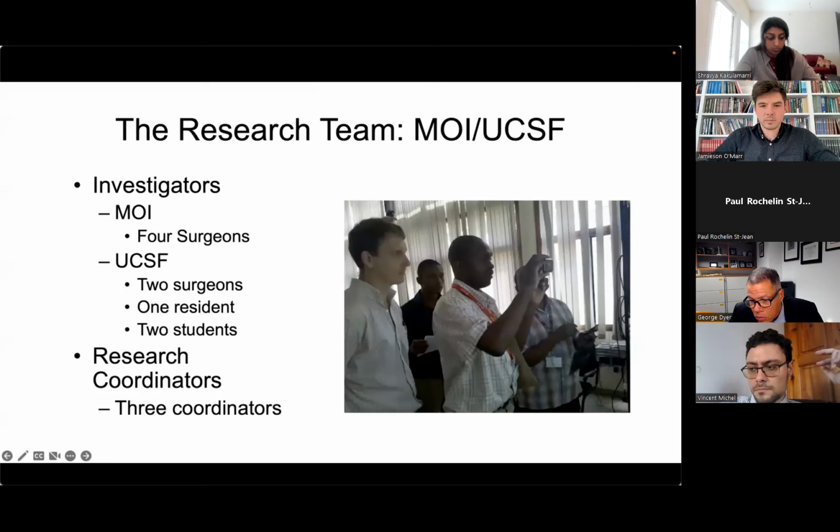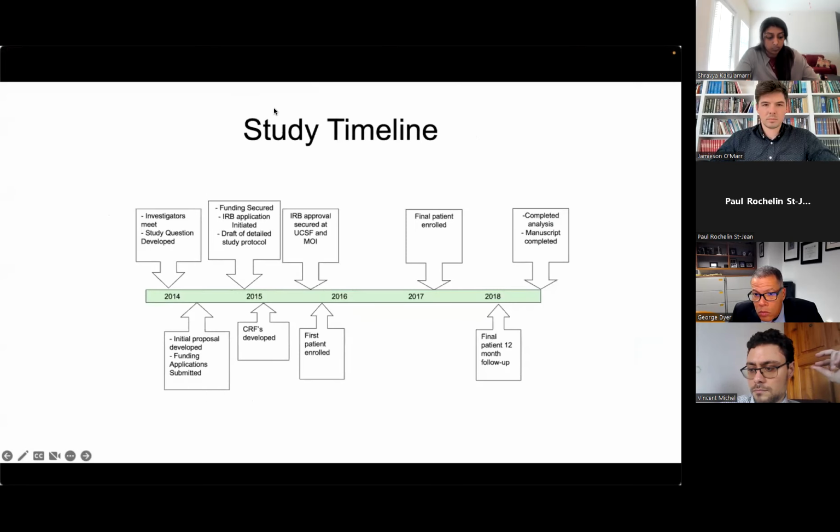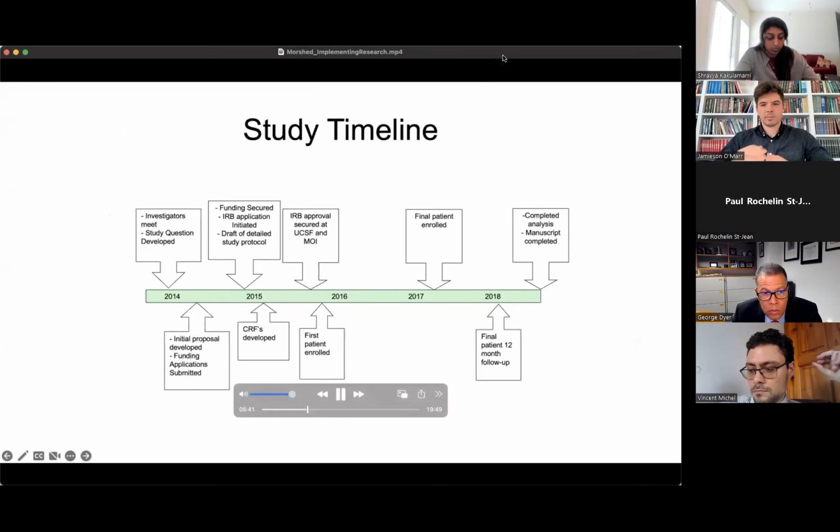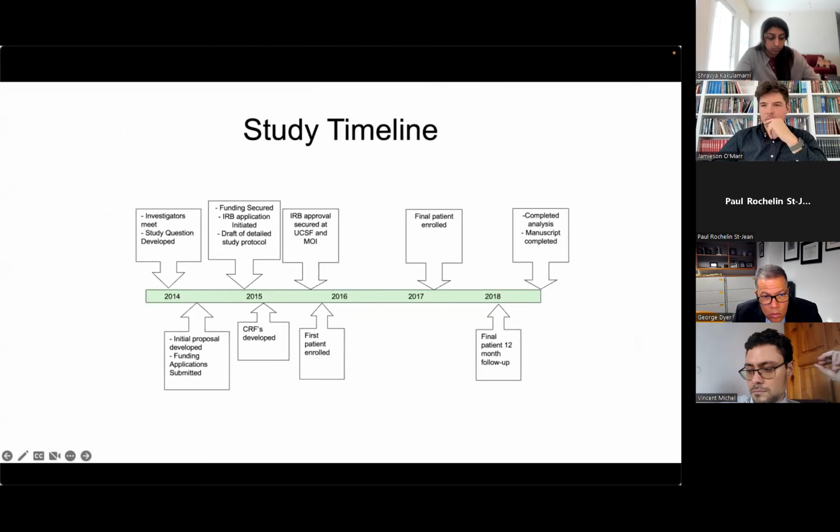This particular research study that we conducted started with the development of our team in 2014. We proposed an initial round of grants for funding in 2015, which we were lucky enough to secure. We developed research protocols and what we call a manual of operations. We developed our case report forms, which are the forms that are completed with information on patients when they're enrolled and at each subsequent follow-up.